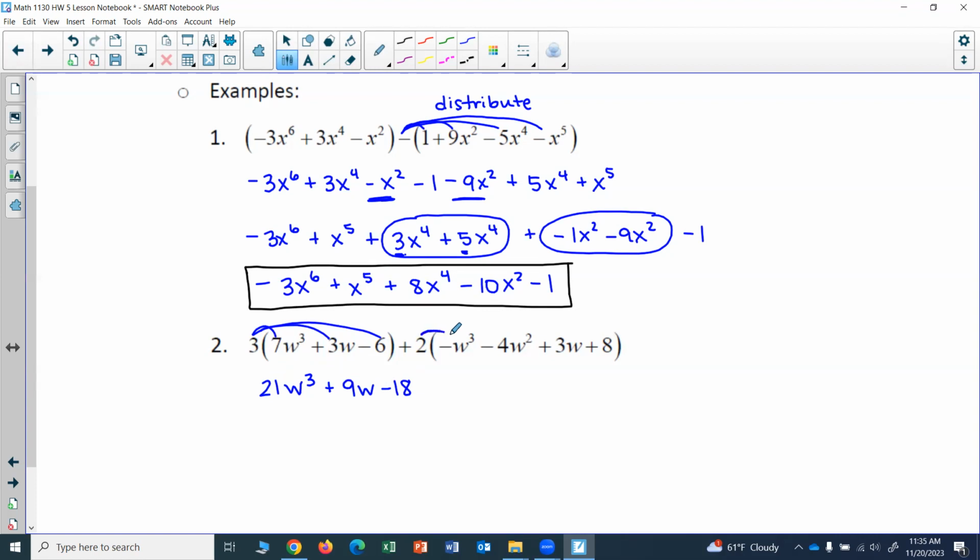Now I'll distribute the 2 to all 4 terms of the second polynomial. So I'll get minus 2w cubed minus 8w squared plus 6w plus 16.